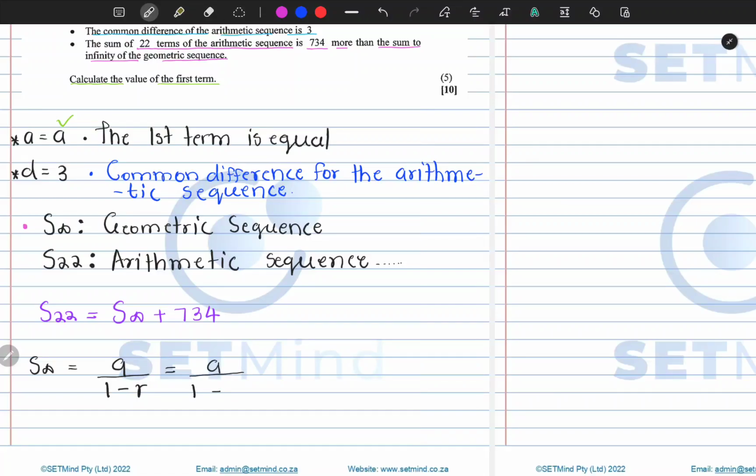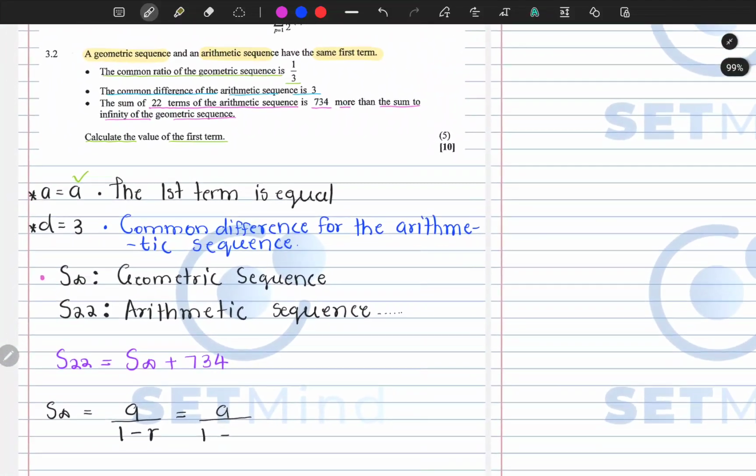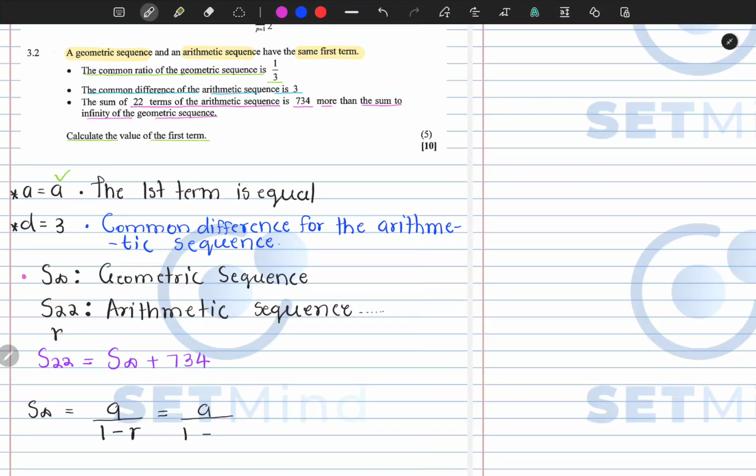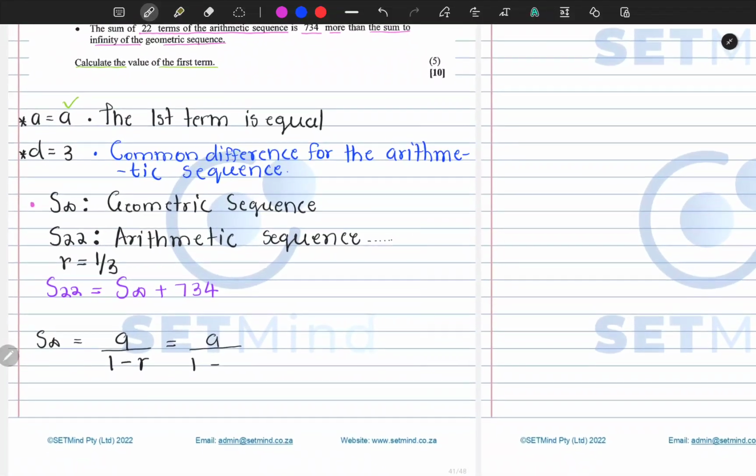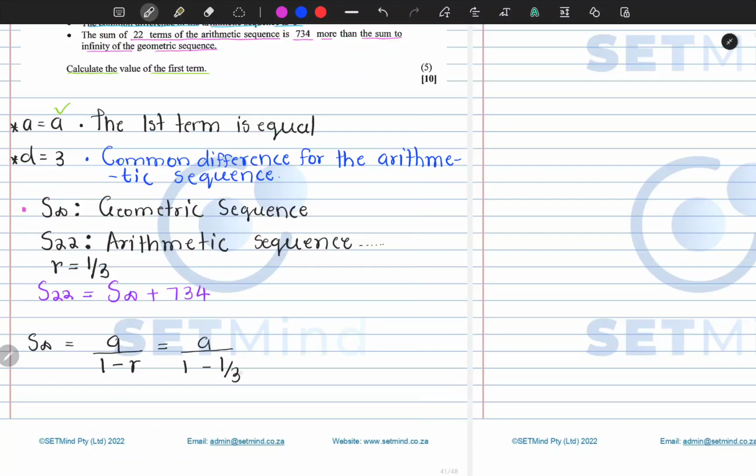Then 1 minus r is known, because we're given that r, the common ratio, is 1/3. And this will be equal to 3a divided by 2. When you simplify that, that is what we get.